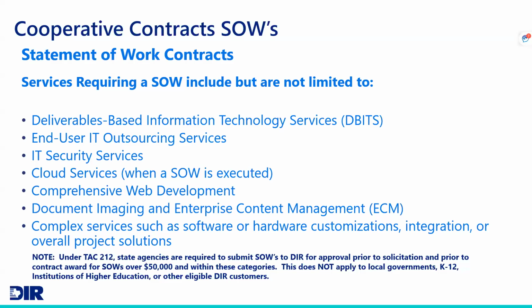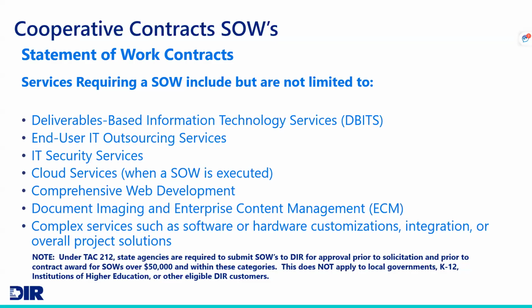And also, if you're doing a project and you're customizing and integrating, and it's one of those frustrating or maybe high stress projects, it may be worth writing a statement of work to put some definition to your project as well. So just keep in mind that there are certain scopes of contracts where you will see a statement of work template, because they are services-based and project-based. These are typically the scopes of contracts where you will see a statement of work.